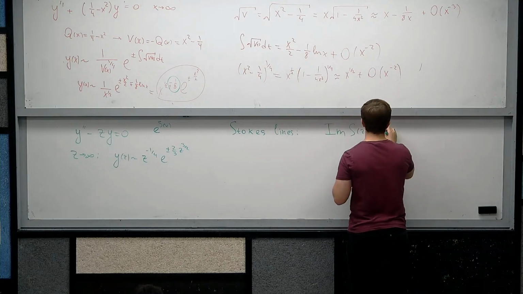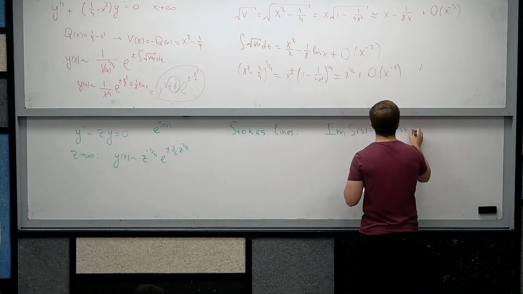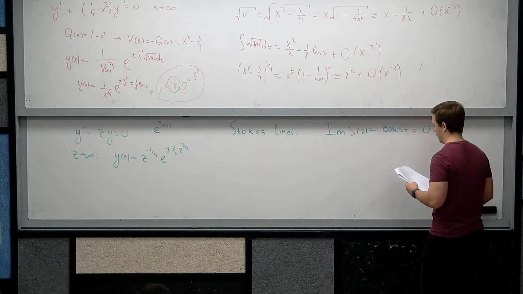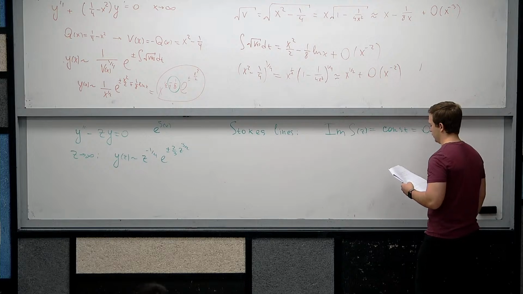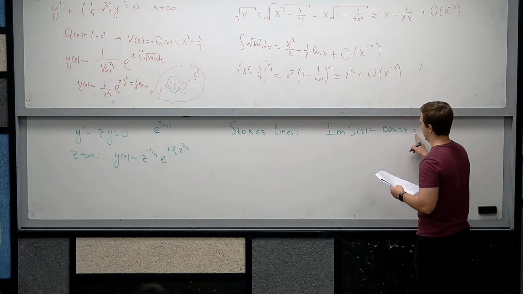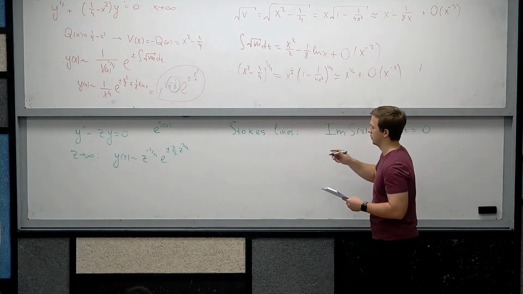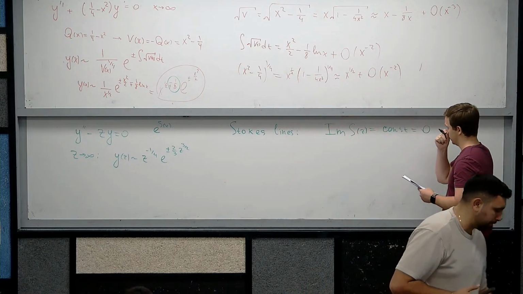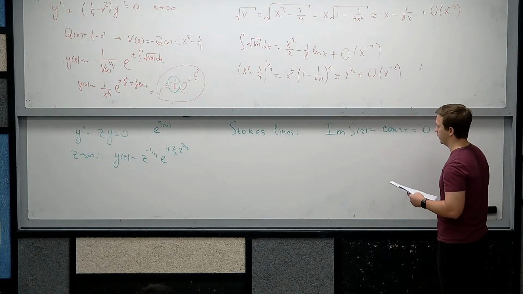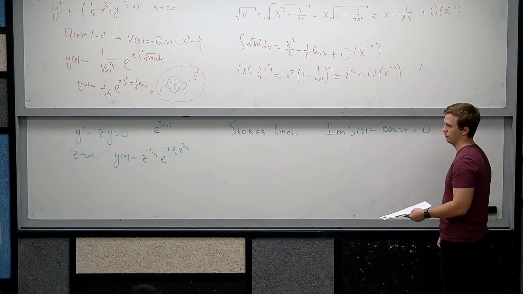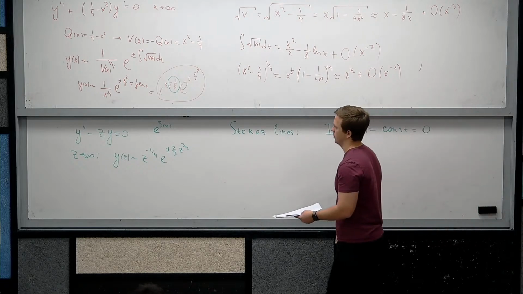zero. So along these lines, along a Stokes line, the solution is just real without any oscillations. So just decay or exponential growth or both, depending on this.